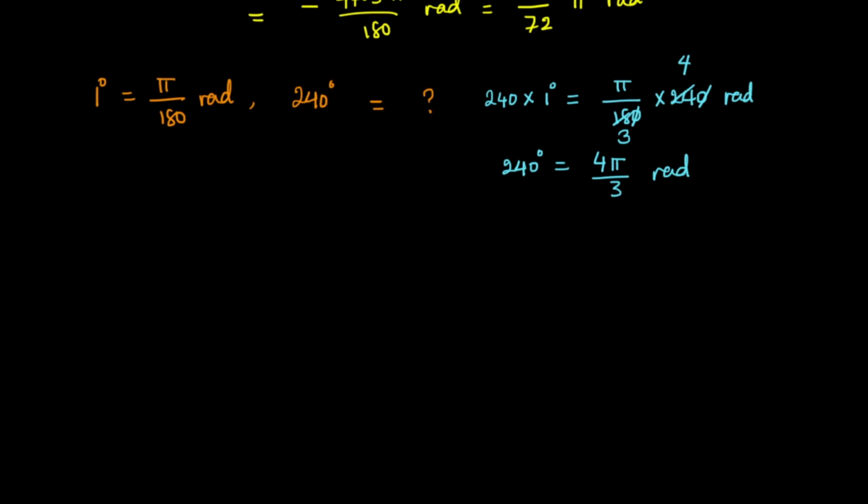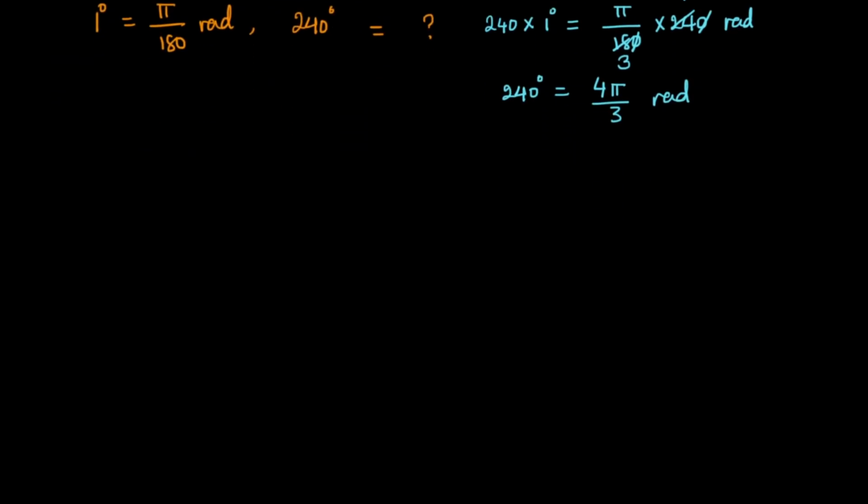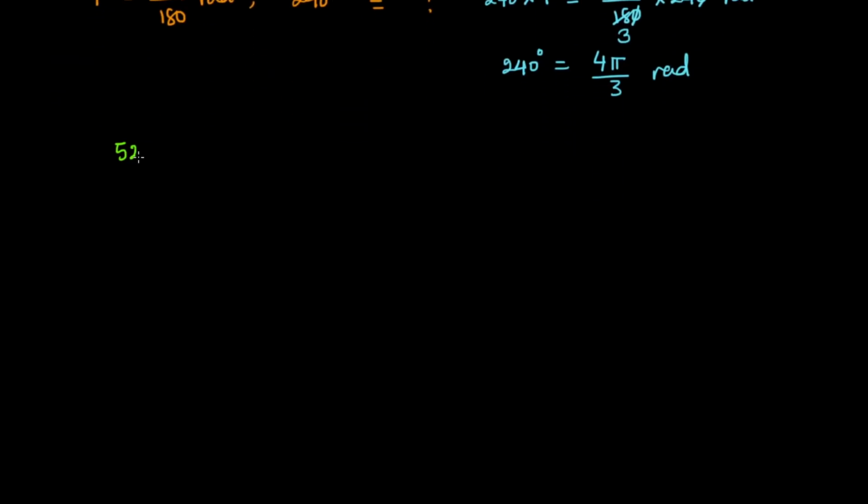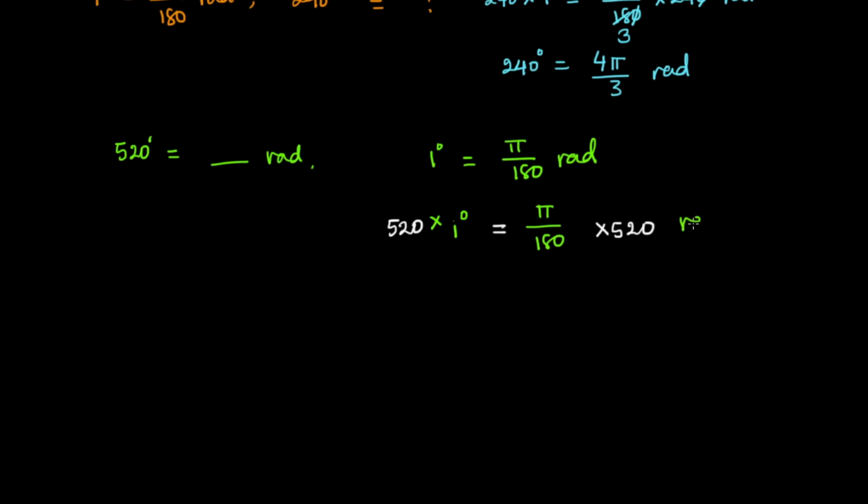The final one says 520 degrees, so you have 520 degrees and you want the radian measure of it. It's pretty simple again, so you just use this formula, right? You have pi by 180 radian. Now I just multiply 520 on both sides, so I have 520 times 1 degree here, then pi by 180 radian, right?